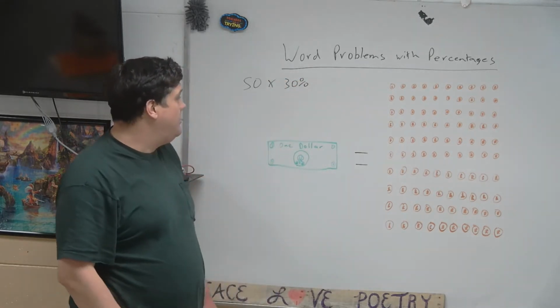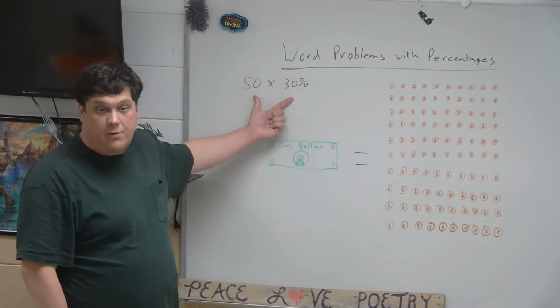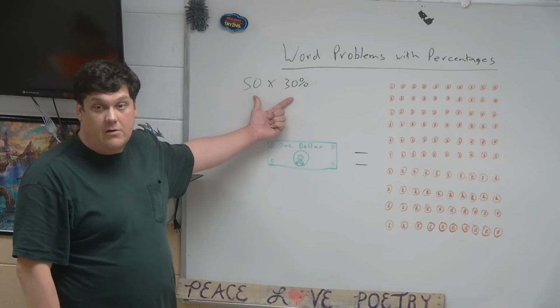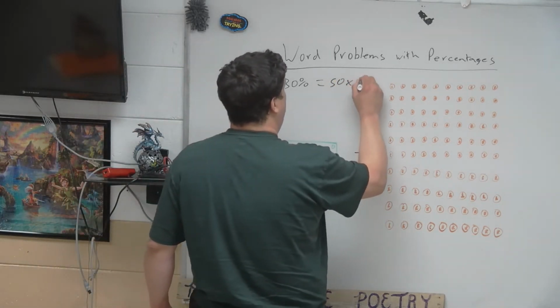All right, there are different ways you can conceptualize this. $50 at 30% off would really just be $50 times 70%.